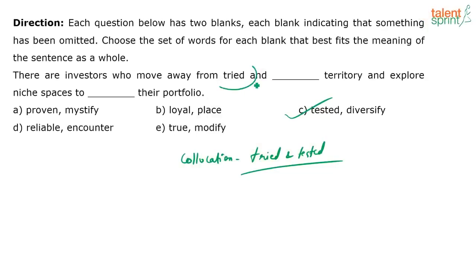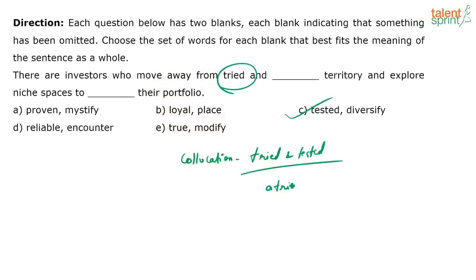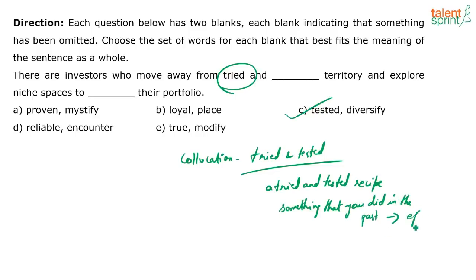So tried is our obvious clue from the context. But you'll have to know that collocation. Otherwise, you'll end up picking some other wrong option. A tried and tested recipe. Something that you did in the past which has proven effective, right?